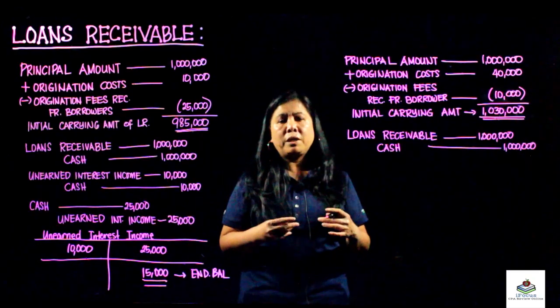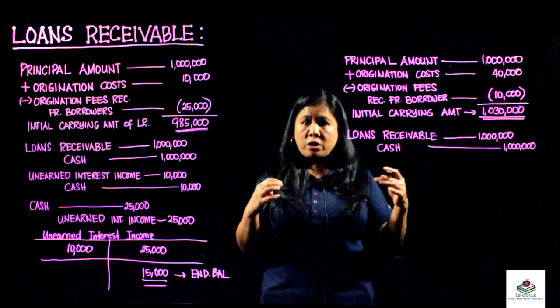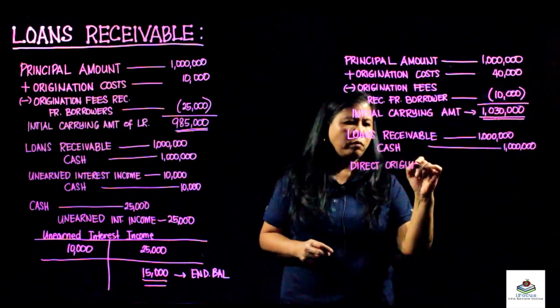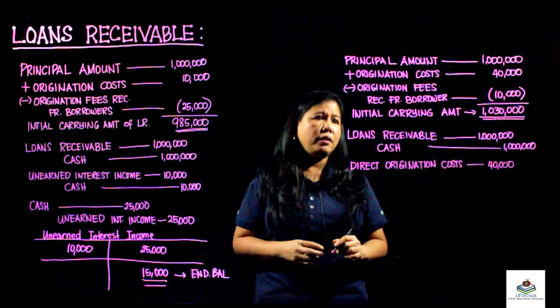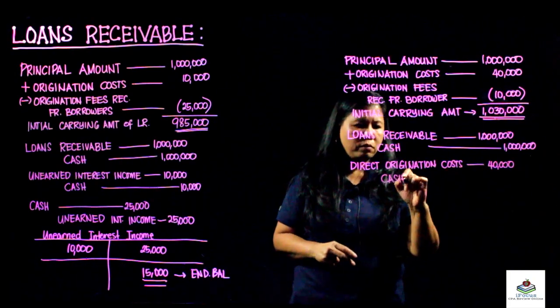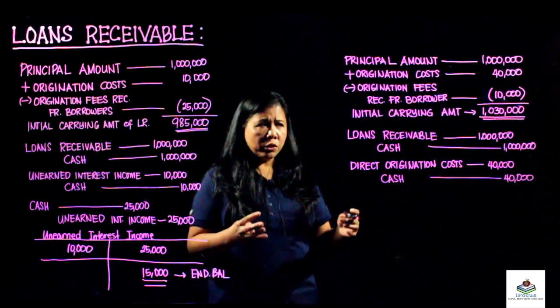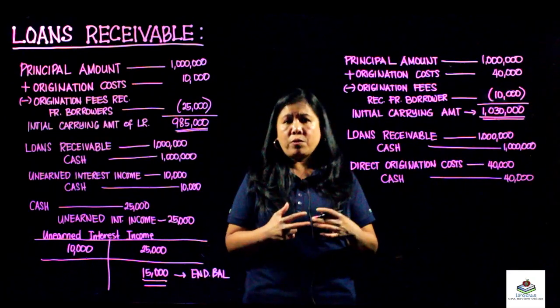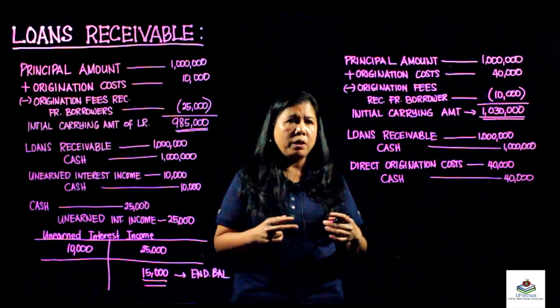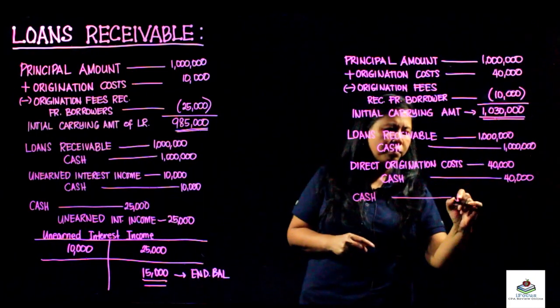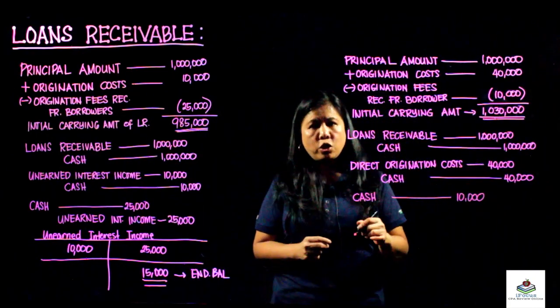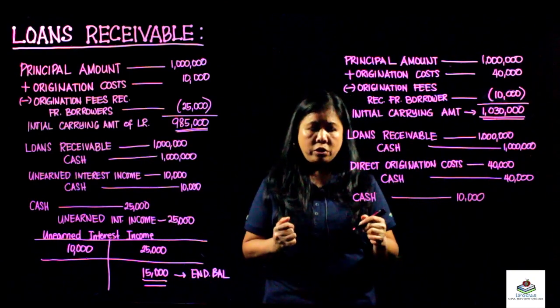Our entry will be debit to direct origination cost of 40,000 and credit to cash of 40,000. For the origination fees received from the borrower, our entry will be debit to cash of 10,000 and credit to direct origination costs.